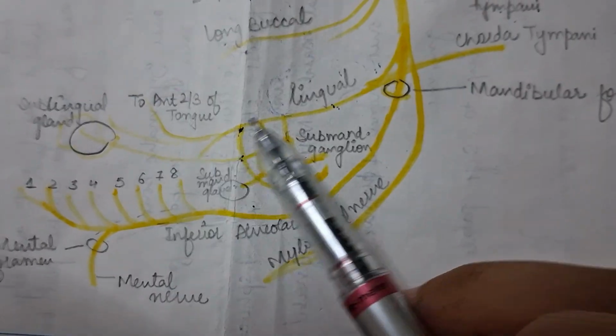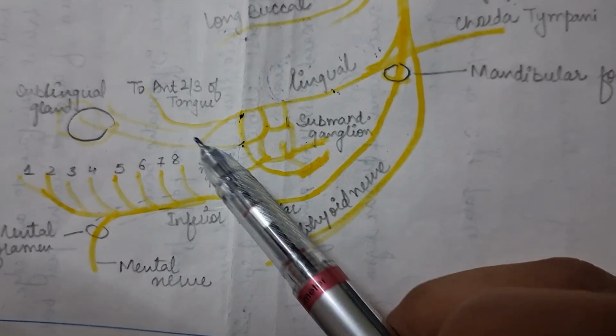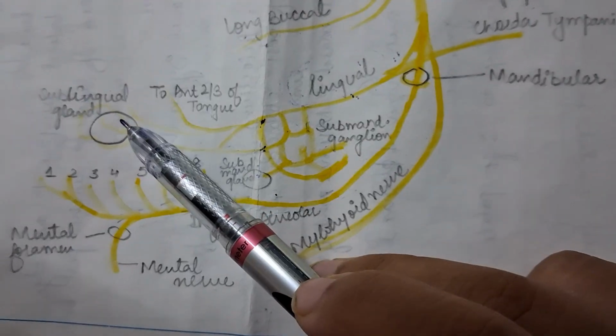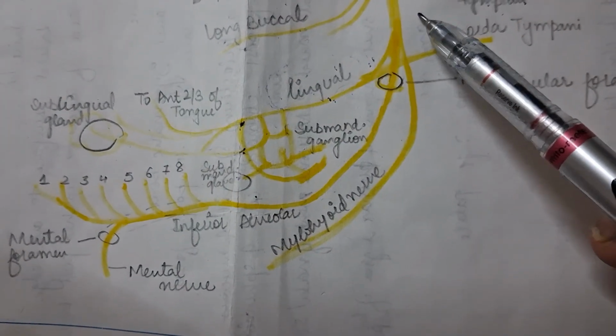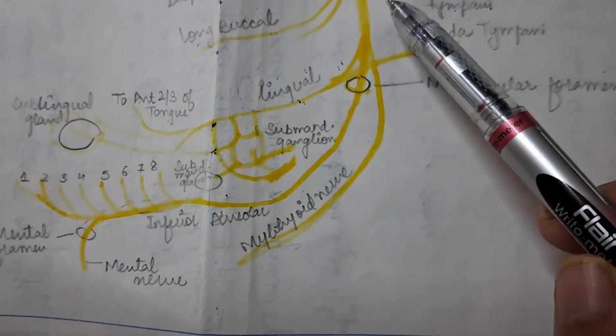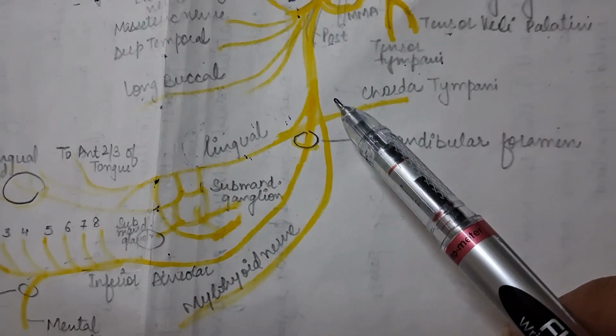Then after that, the branch to the submandibular gland is through the lingual nerve, which also gives branches to the sublingual gland. And next, the third and most important branch of the posterior division is the inferior alveolar nerve.